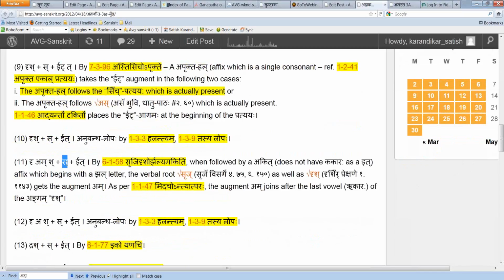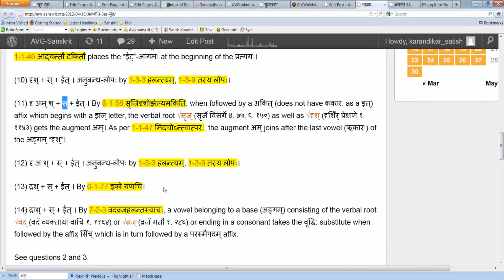So therefore the anga takes the agama. So by akit pratyaya, which begins with a jal letter, these two dhatus take the agama. And then we did the yan sandhi. Then comes the vriddhi adesha by vada vraja halantasyacha.